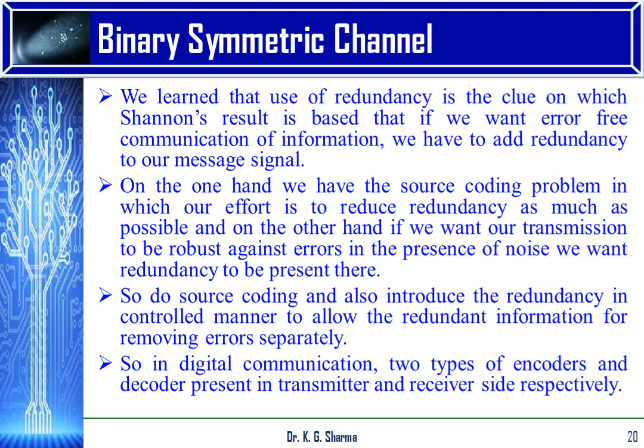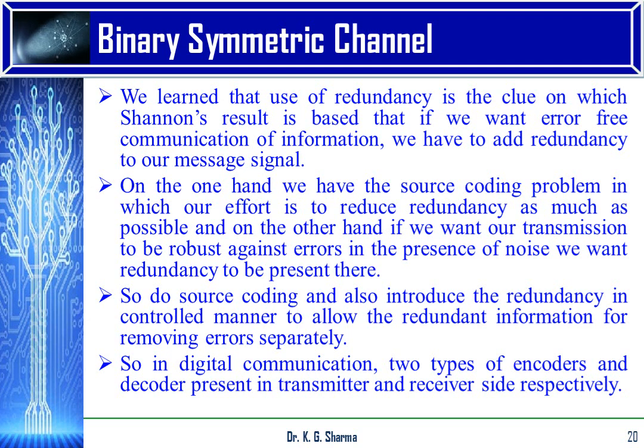So we learned that Shannon's result was based on the use of redundancy. It means that if we want error-free communication of information, then we need to transmit some redundant bits along with the information. We have seen that in source coding, our effort was to find an optimum source coder which should add minimum redundancy with the information.